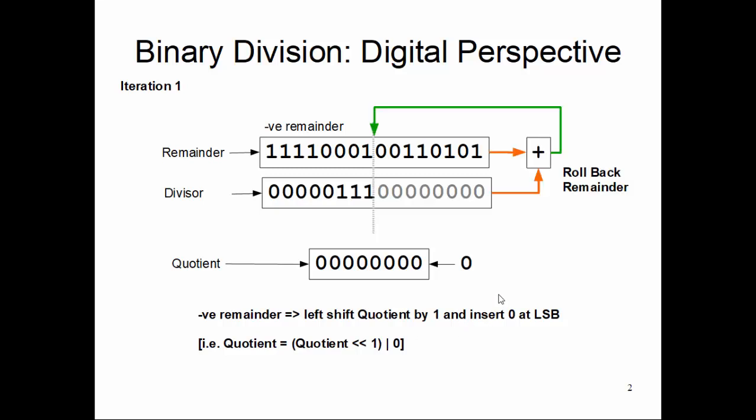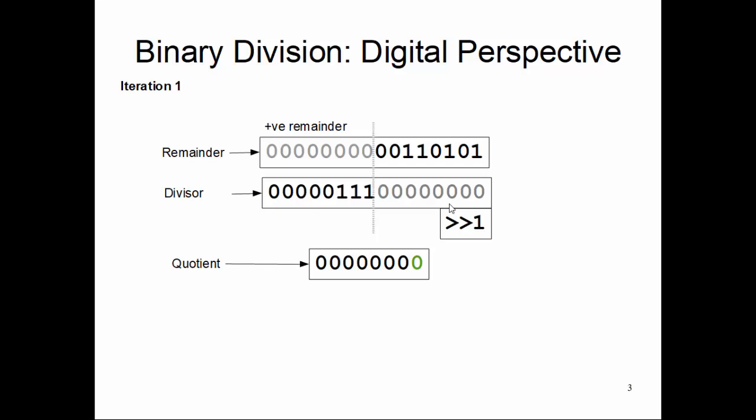Then, if it is negative, we need to roll back the remainder. This is a very important point you need to remember and understand. I will mention this rollback again later in a separate discussion. So we roll it back. That means, on top of this subtraction result, I add back the divisor bit pattern and I get back the original. Then we right shift the divisor.